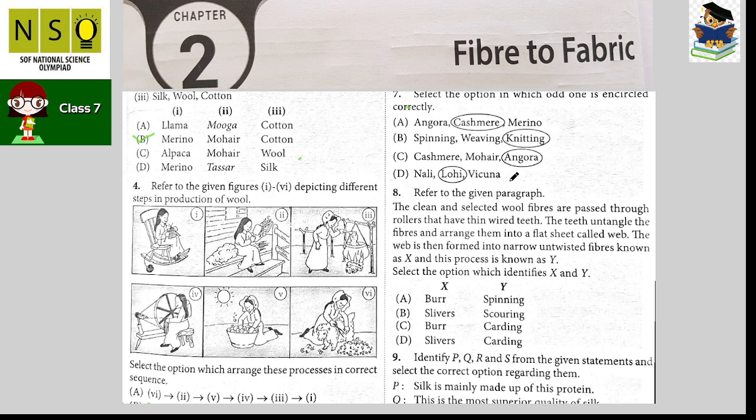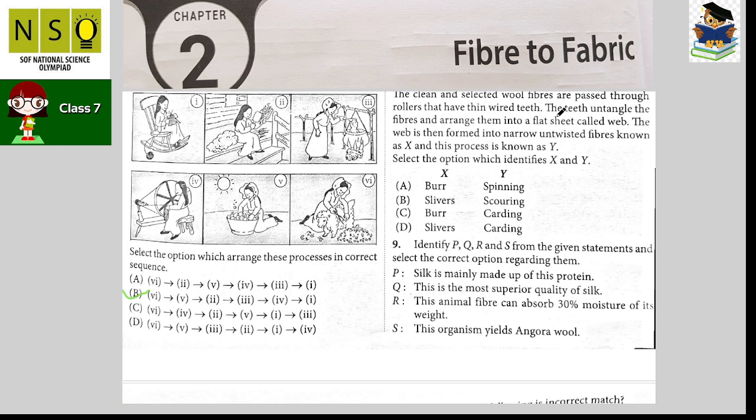So we find that option C is the odd one in this, because in it there are 3 options, Kashmiri, Mohair and Angora. Kashmiri and Mohair are obtained from goat breeds, whereas Angora is obtained from the Angora rabbit.